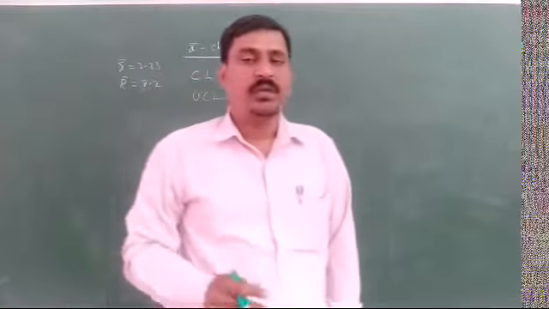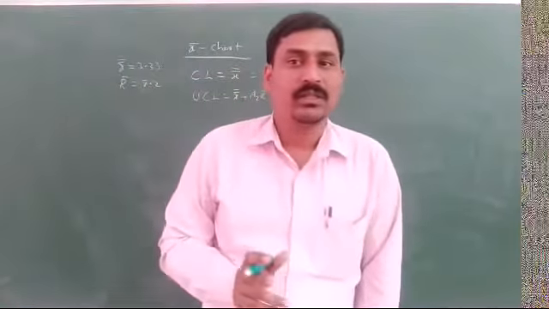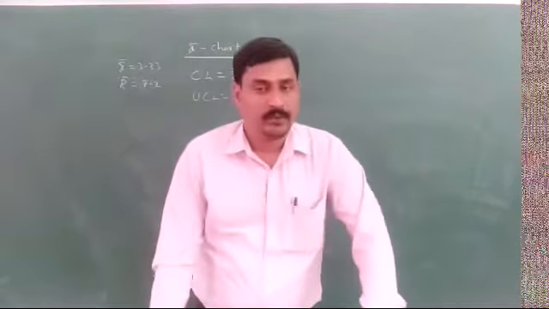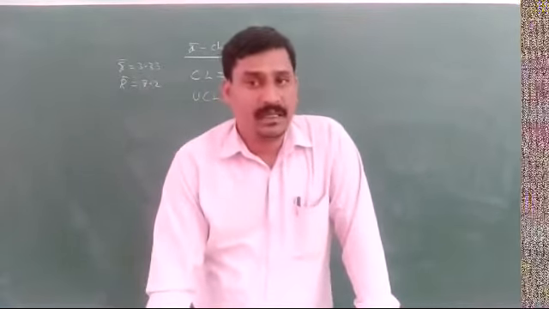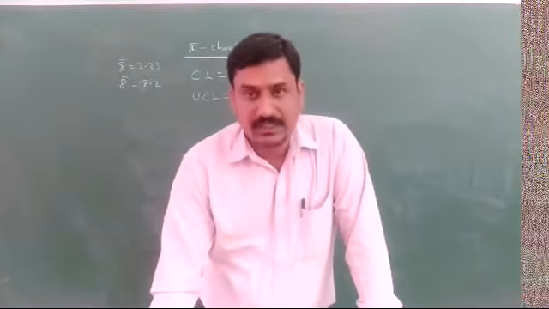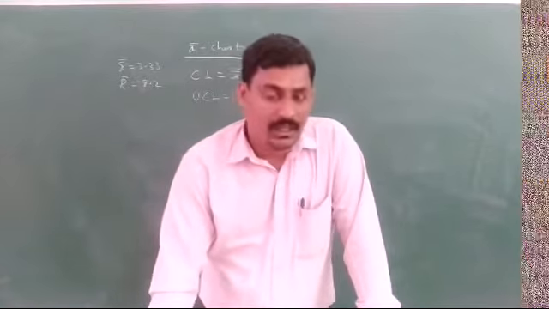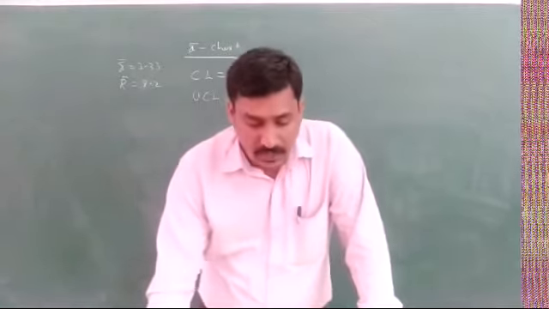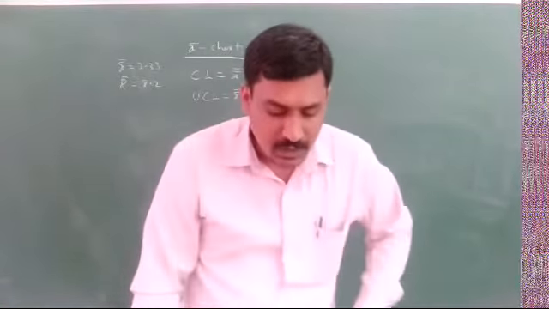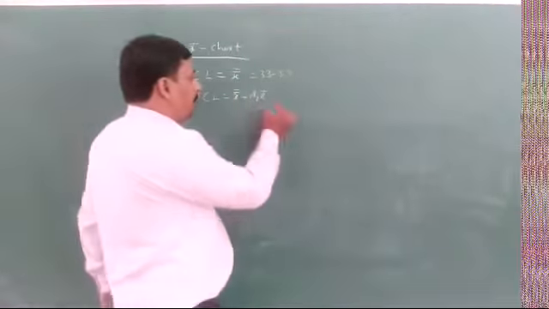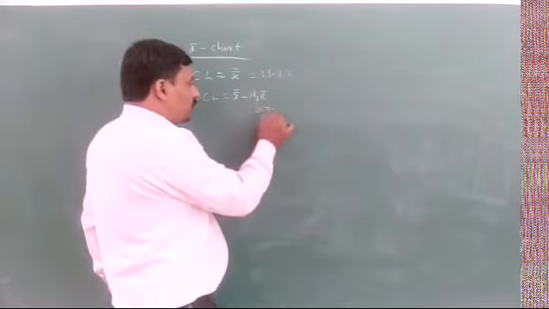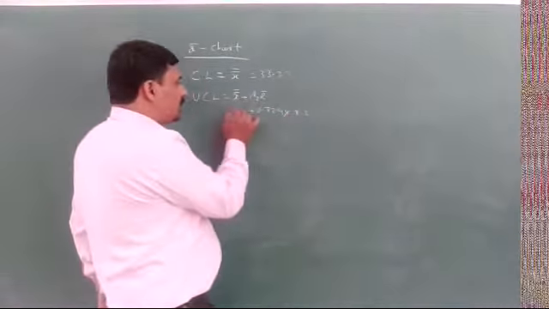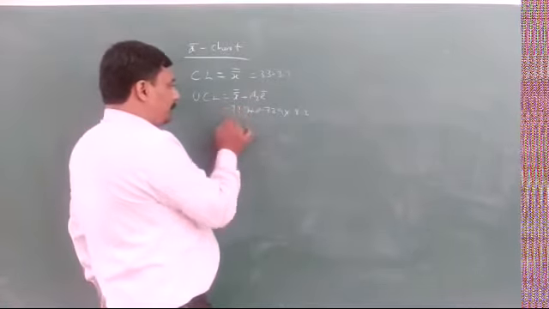A2 is again a table value which depends on the sample size. In the problem, how many samples has he taken? 4 samples in each. So for sample size 4, the A2 value is 0.729. So 0.729 into R bar, which is 8.2, plus 33.33.